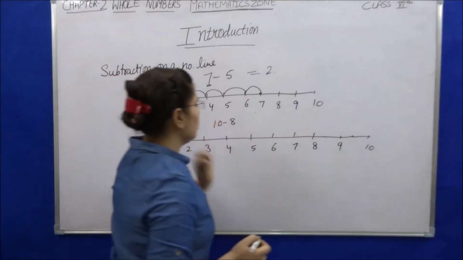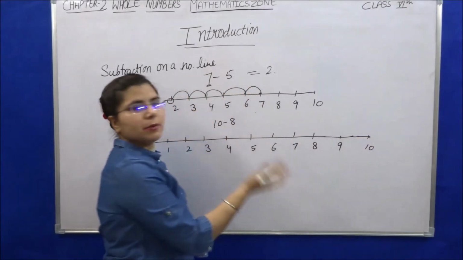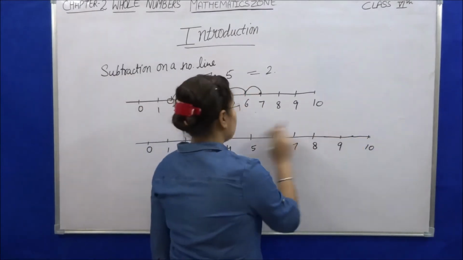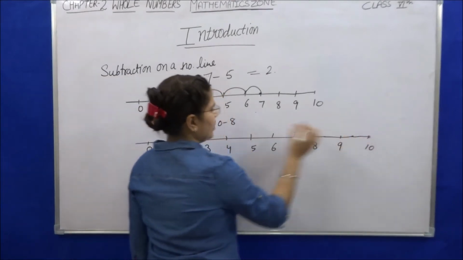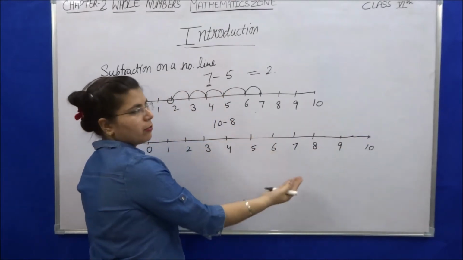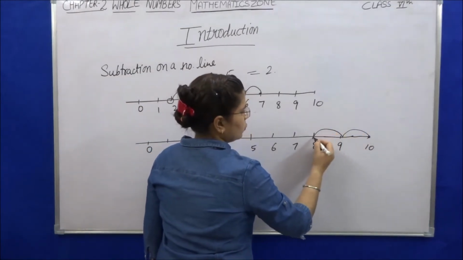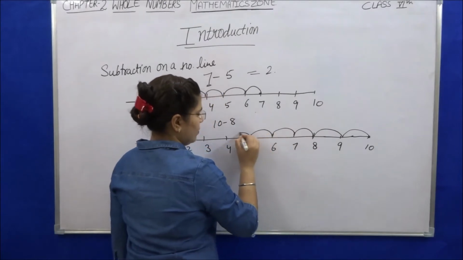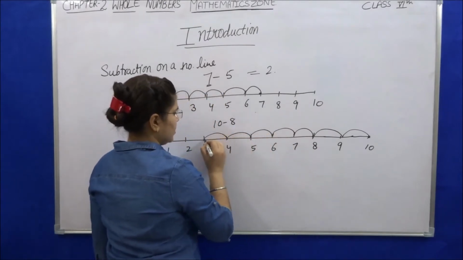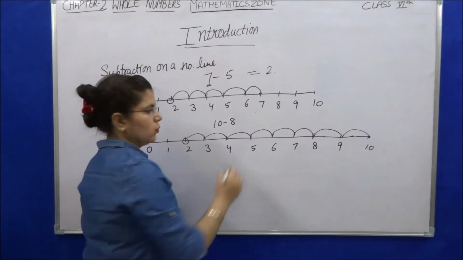Here we will start from 10 and move 8 steps backward, because our second number is 8 and the first number is 10. Move 8 steps back: 1, 2, 3, 4, 5, 6, 7 and 8. So our answer will be 2.